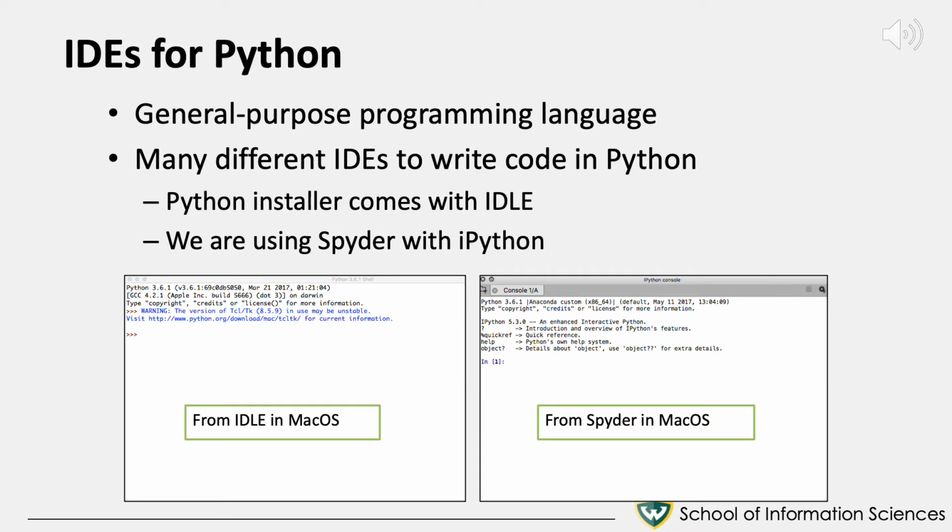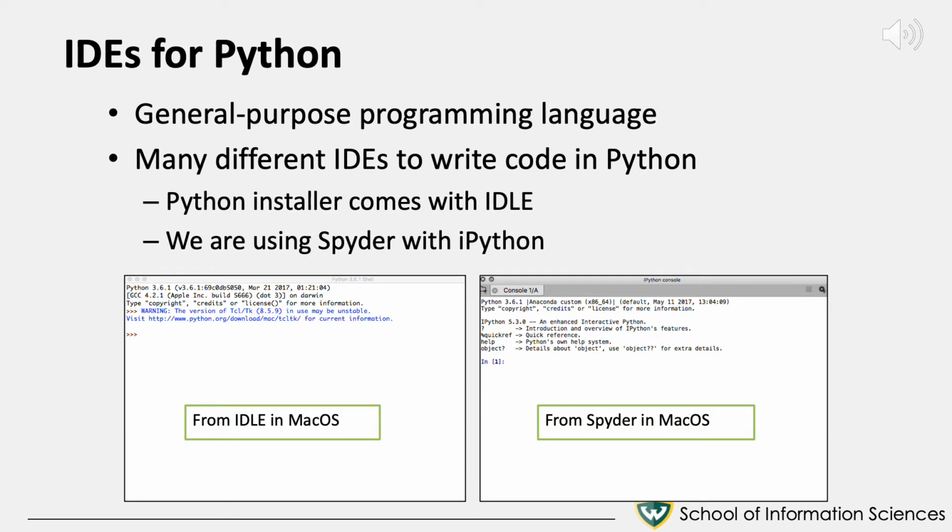I'm only showing the bottom right quadrant of the Spyder interface, where you have a console tab, and you see that Python 3.6.1 is running. It's an Anaconda custom version, and the terminal is running in IPython, an enhanced interactive Python.